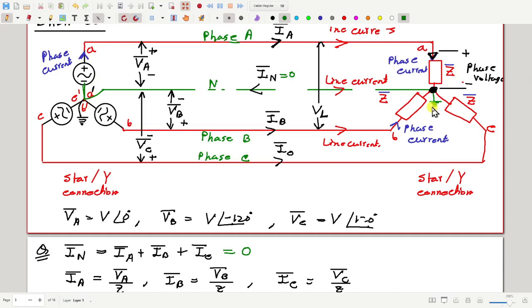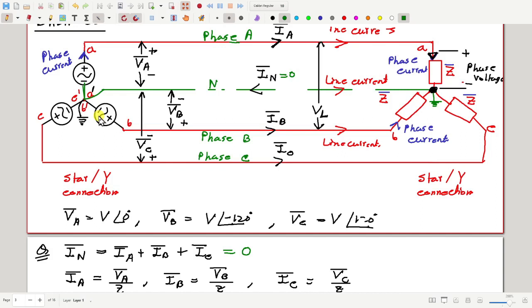But if we had 3 separate generators generating these voltages separately, then how many conductors do we need to carry the same amount of current and same amount of power? If we had this separately, we need 3 into 2, 6 conductors, 6 lines to carry the same current if we have 3 separate generators.